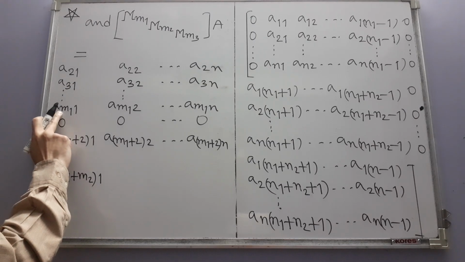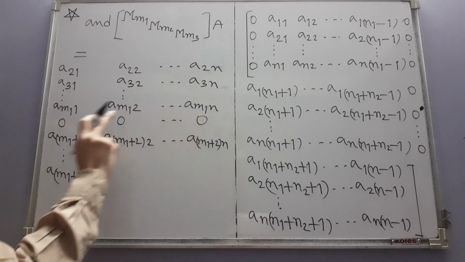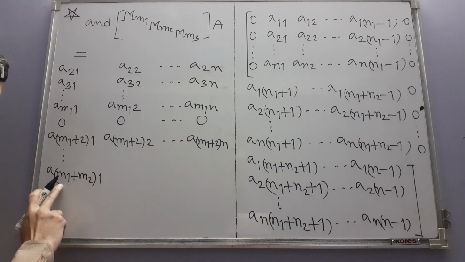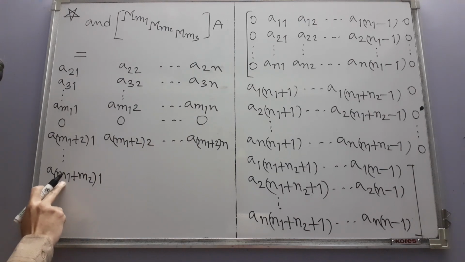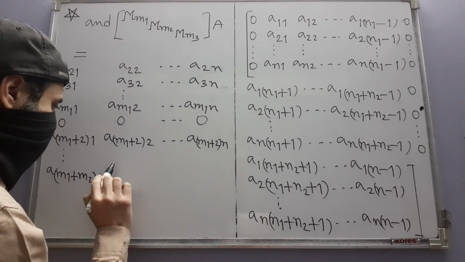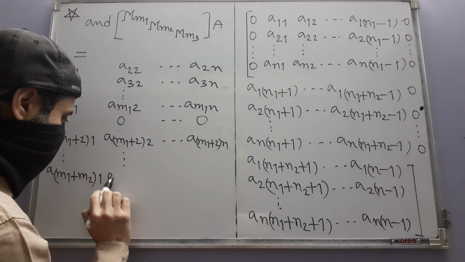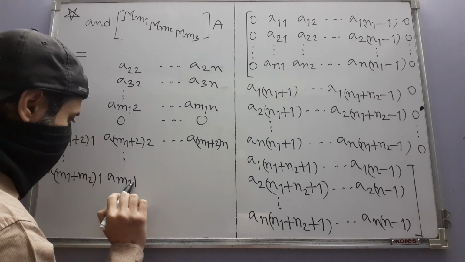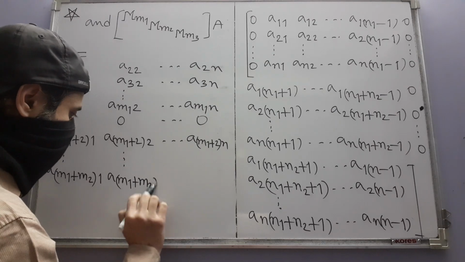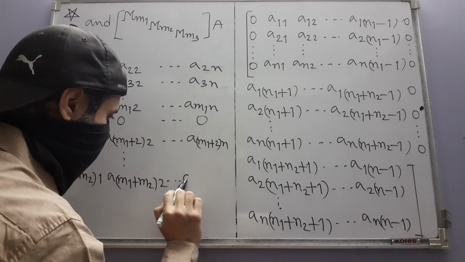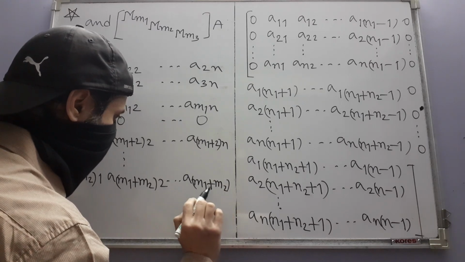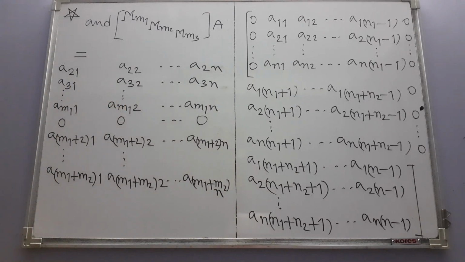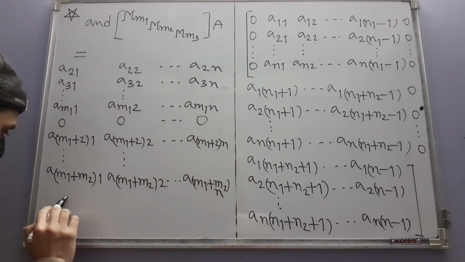Just like you reach this M1 stage, after that you have a 0 row. After that you reach at some stage M1 plus M2, that index. A M1 plus M2 n, and then again another 0 row.